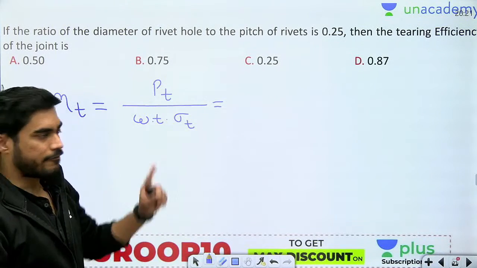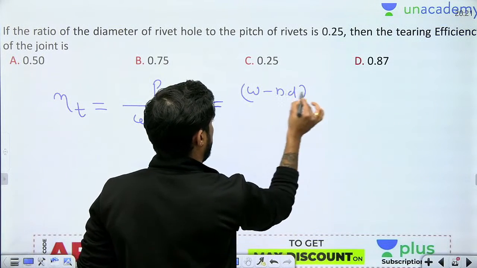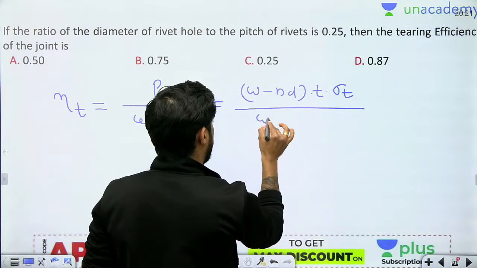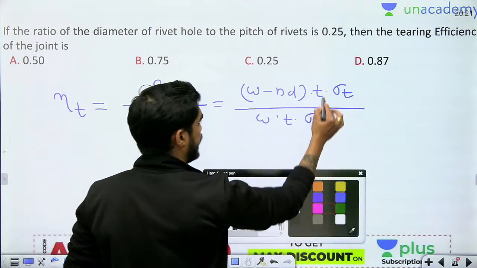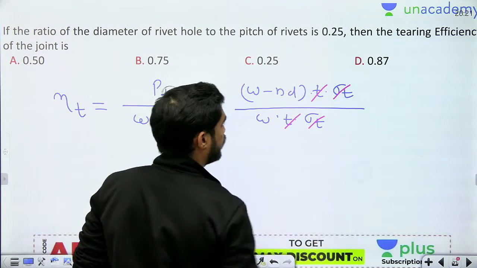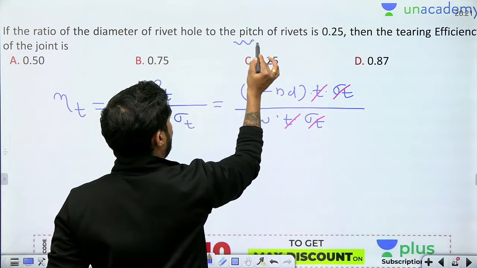अब फॉर्मूले में वैल्यू रख दो, PT is what? W minus ND into T sigma T divided by W into T sigma T. अब T sigma T कैंसल. अब यहां पे देखो बेटा, पिच की बात कर रहा है, पिच दिया हुआ है.